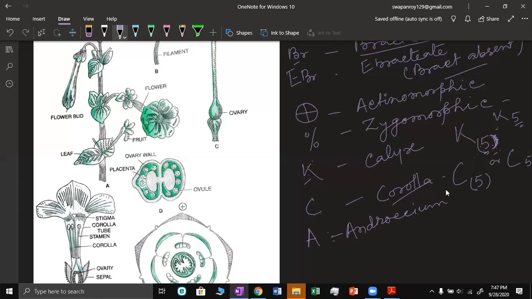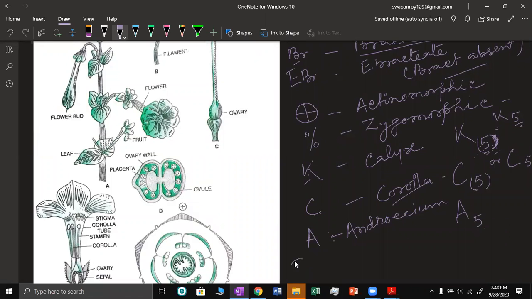In the similar way as K and C, here we will write, say, androecium, stamens, how many? 5 stamens. So we are writing 5. If they are united, that will be within the bracket. If they are free, they will be written freely. This indicates that 5 stamens and they are free.